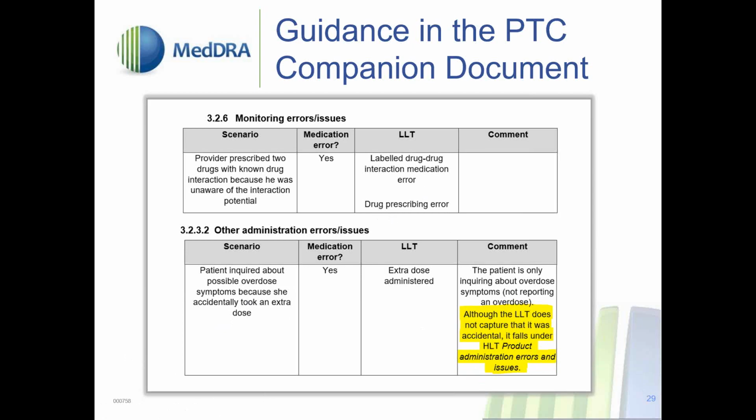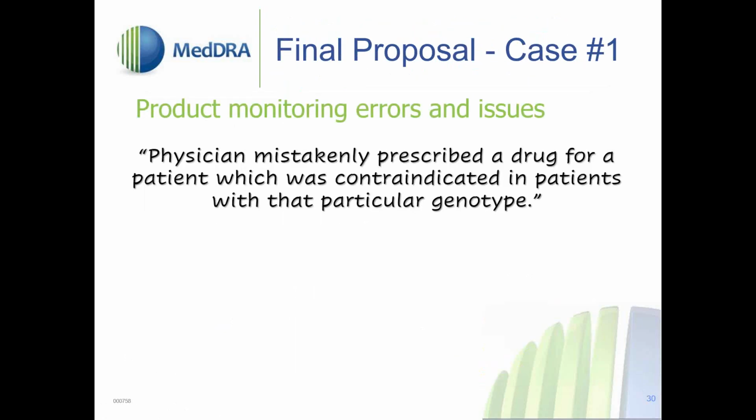So it's not necessary that the contraindicated drug prescribed contains the information that this prescribing issue was made in error. And also, we have to consider that in our example, we already captured the error with the LLT labeled drug genetic interaction medication error.